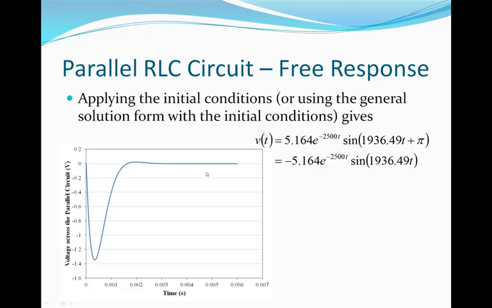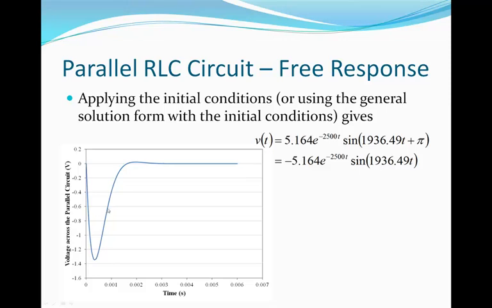So what happens here is that as soon as that switch opens, as we determined from our initial conditions, there's no potential across the parallel combination, but there's a significant rate of change of voltage across the elements. So at time equals 0, we start at V equals 0. And then we're going to have a large negative potential that's developed across all of the elements. Then eventually, that energy is going to be dissipated back through the system.